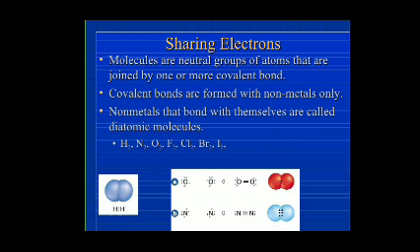The second one is non-polar covalent compounds. A covalent bond formed between similar atoms, like hydrogen and hydrogen, oxygen and oxygen, nitrogen and nitrogen. A covalent bond formed between similar atoms, that is, atoms of the same element, is called a non-polar covalent bond. The resulting molecules are non-polar molecules.